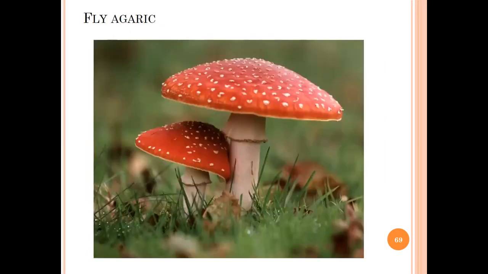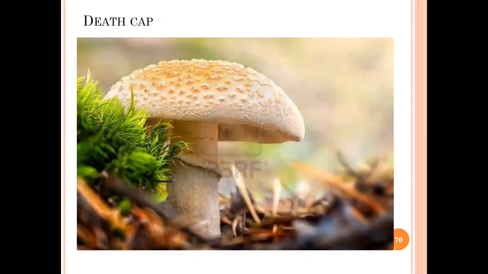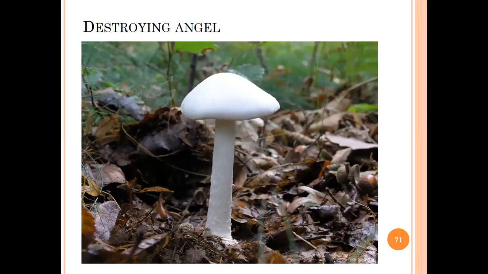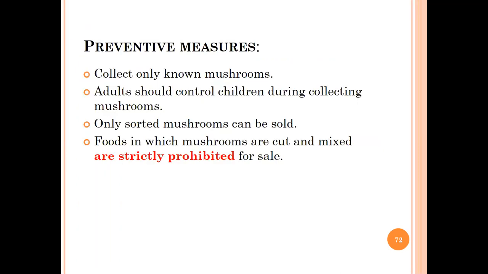Fly agaric, rather bright and beautiful but poisonous mushroom. Deathcap also. Look at this destroying angel. It is one of the most dangerous mushrooms in the world. It can affect the liver, it can cause death, even just eating one mushroom per family, in case it is cooked like champignons and added accidentally, it can cause death of all the family.